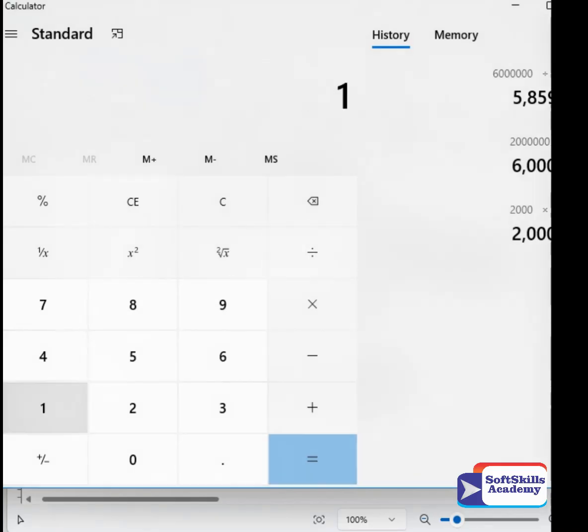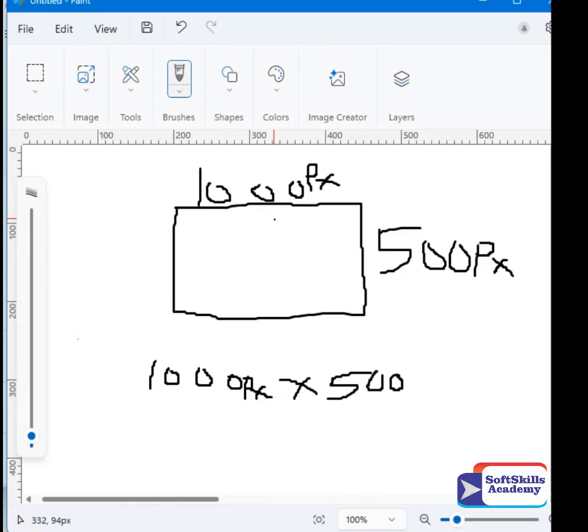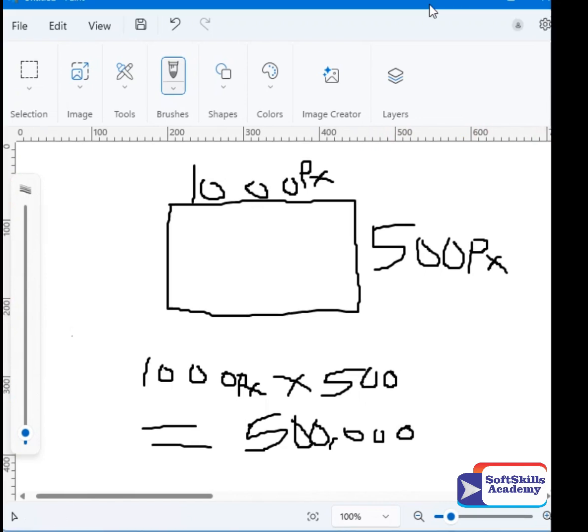Looking at it here, 1000 multiplied by 500 gives you a total of 500,000 pixels. So this is your total number of pixels in this particular image.